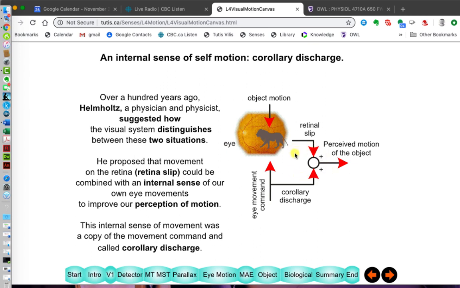And in that area, the two are compared. And by adding and subtracting these motions, you can figure out what the perceived motion of the object is. And that hopefully is the true motion.